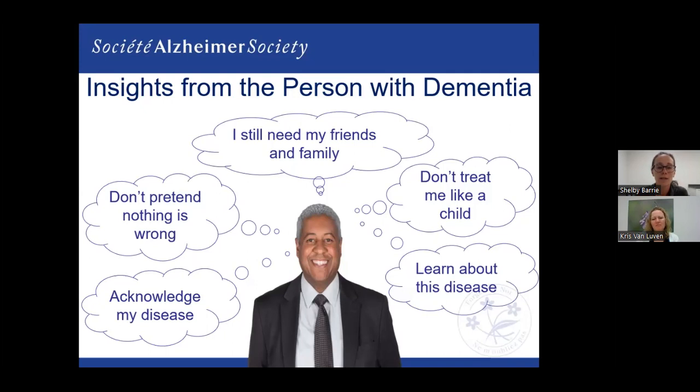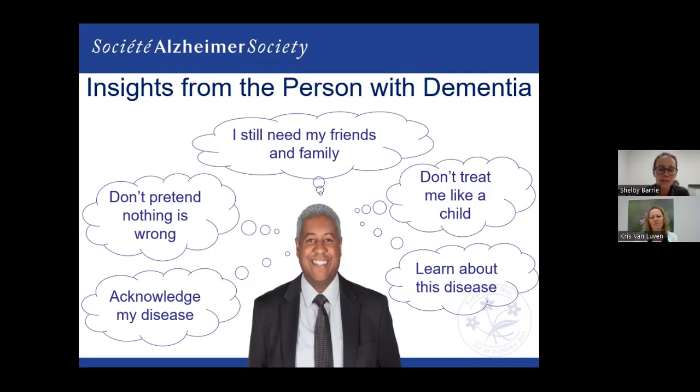These are some of the things that people living with dementia have shared. They may be helpful to keep in mind, even if we are supporting someone with anosognosia, because if they had a higher level of insight, they may very well share a lot of these things with you as well. So let's take a look at some of them.